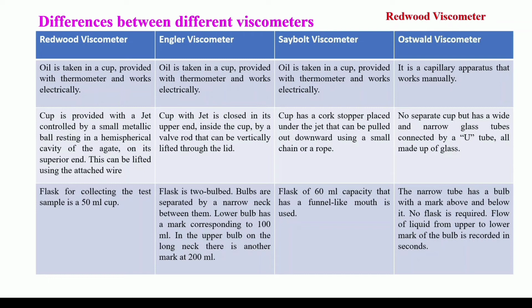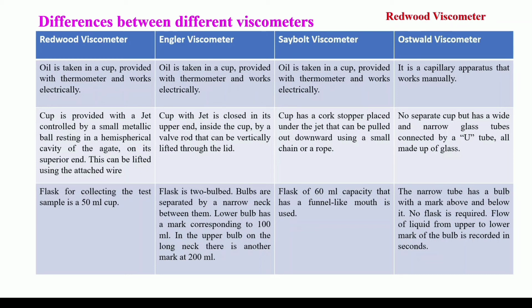In the Redwood, Engler and Saybolt viscometer, the cup which is provided to take the oil sample is provided with a jet, and this jet in the Redwood viscometer is provided with a ball to close the cavity of the brass cup.